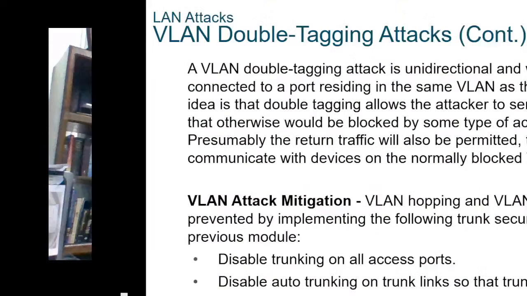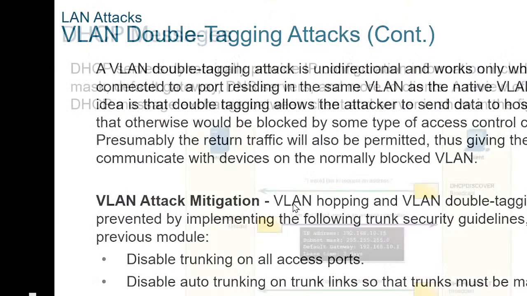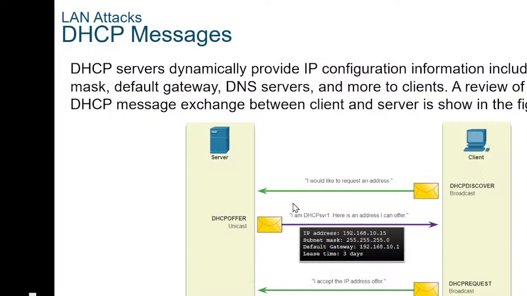Is my switch configured properly to prevent anything from trying to trunk with the switch, right? So that's the idea there, and just continually thinking about what options are out there and what it means for security.